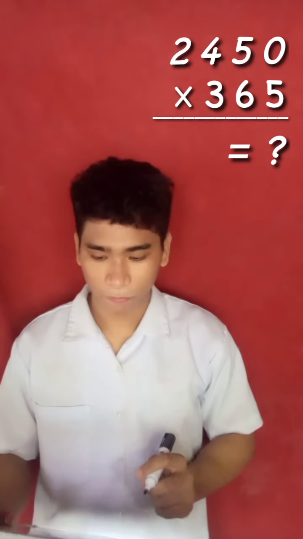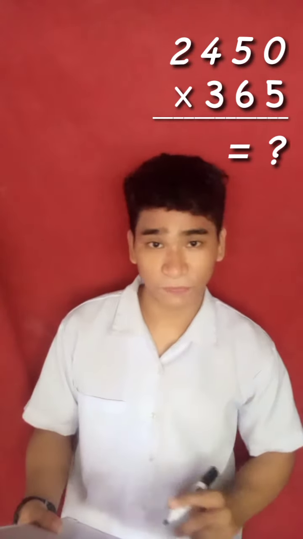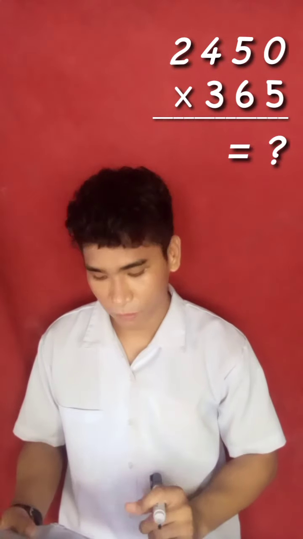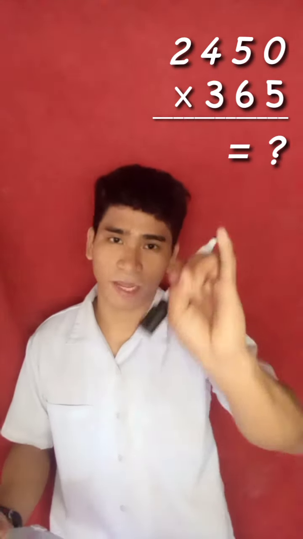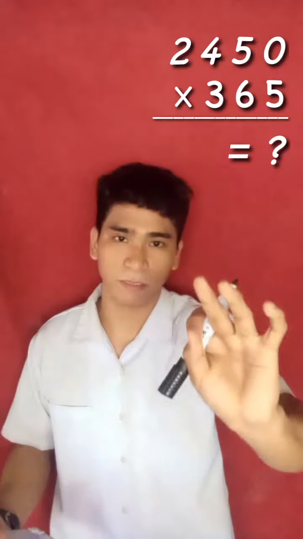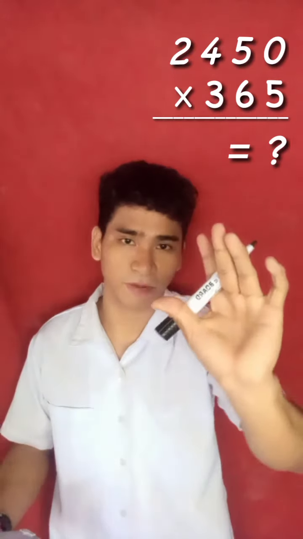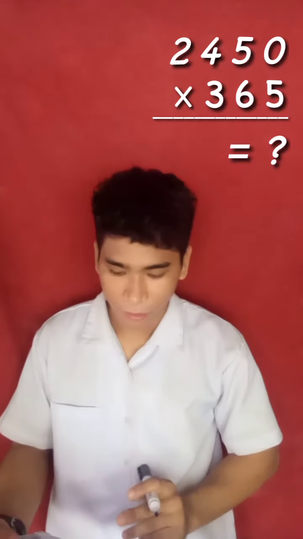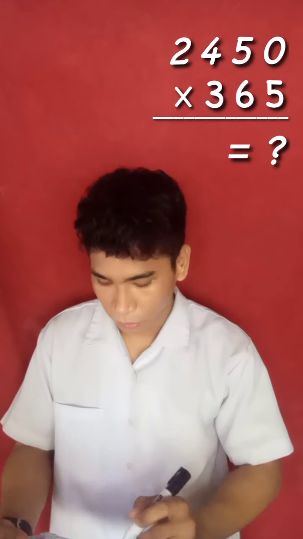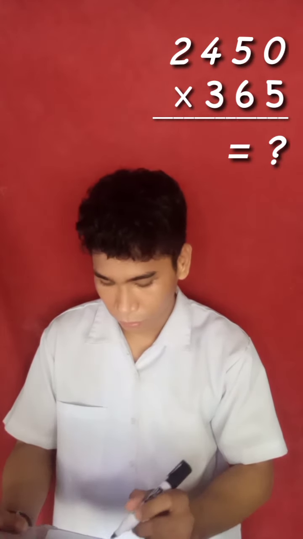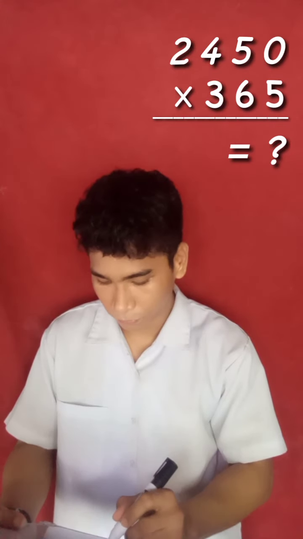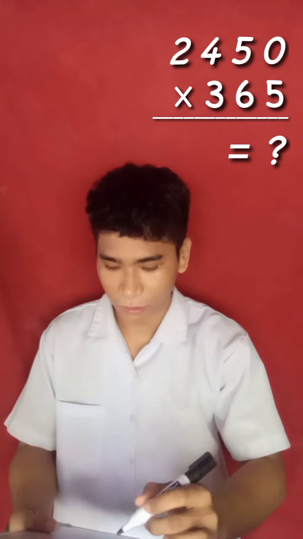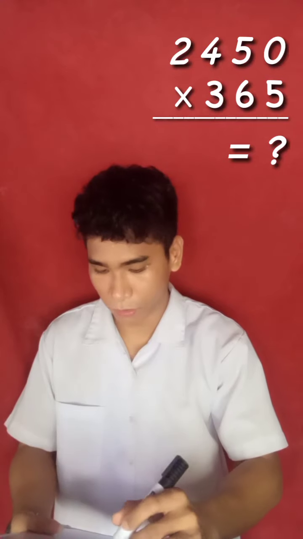Now, how about 5 times 5? Okay, so sabay nyo ako. With the 5, 10, 15, 20, 25. So the answer for the 5 times 5 is 25. Now, you can bring down the 5 here sa tabi ng 0. And then, write the 2 at the top of the number 4.